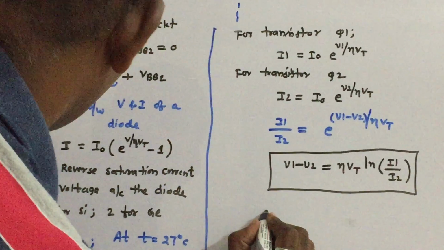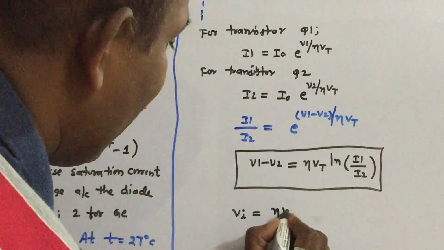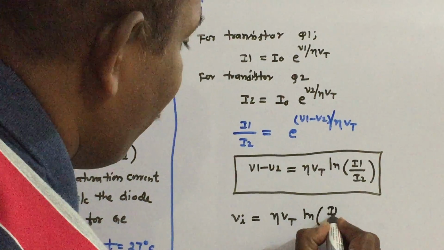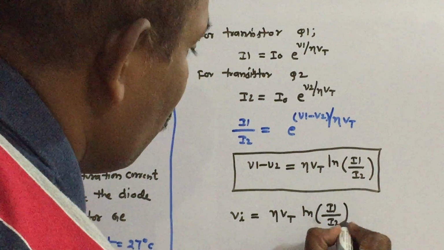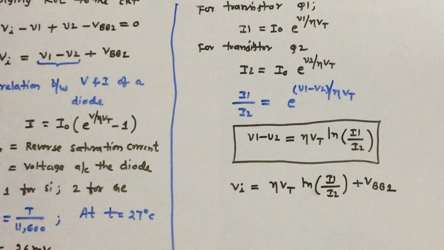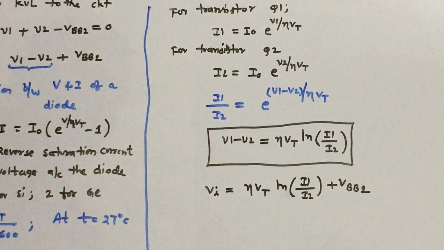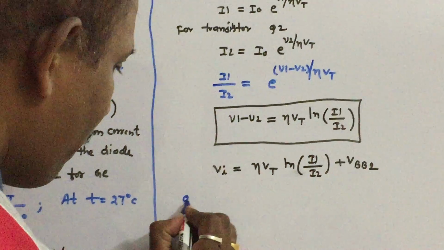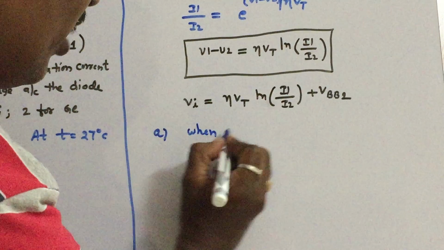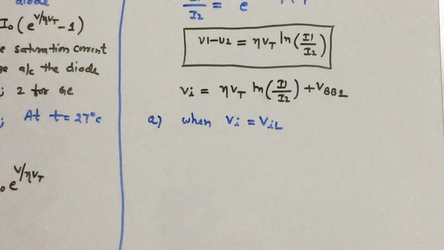Therefore Vi is written as eta Vt log I1 by I2 plus VBB2. Let us take two cases and the answer will come. First, case A, when Vi is equal to VIL.